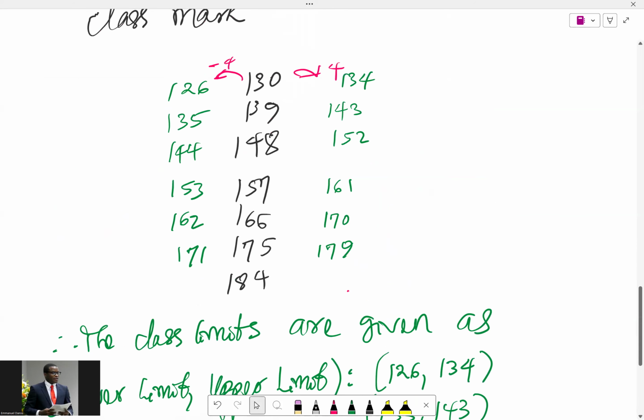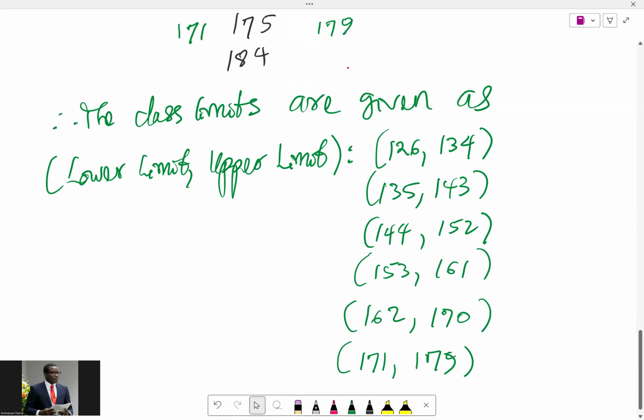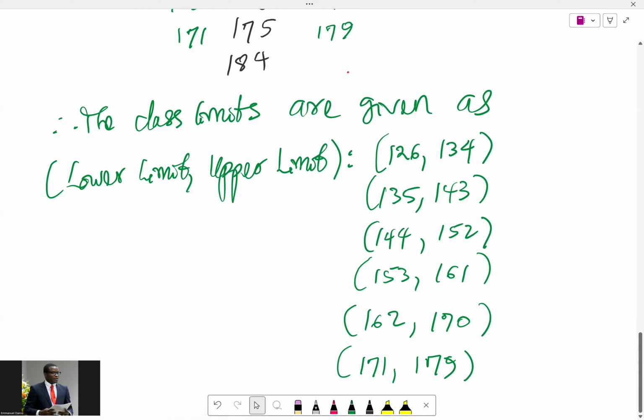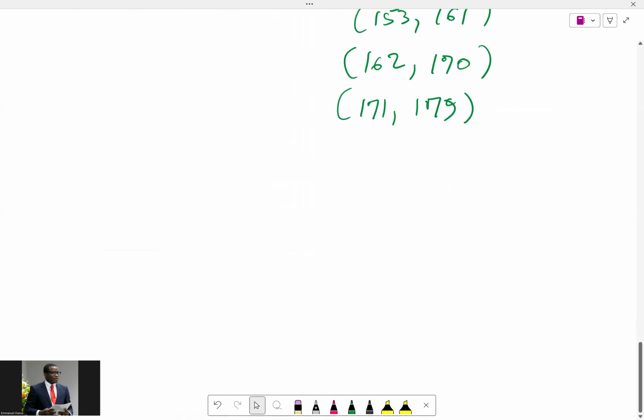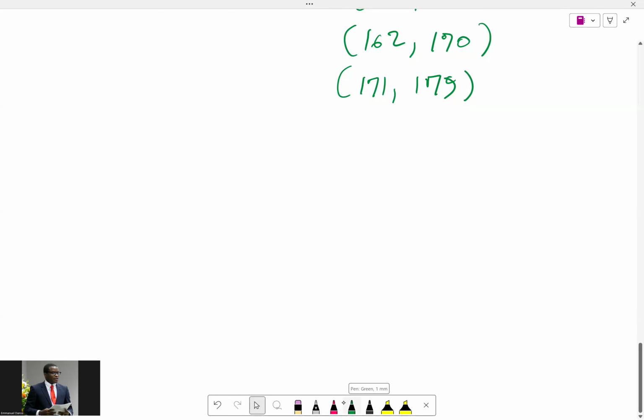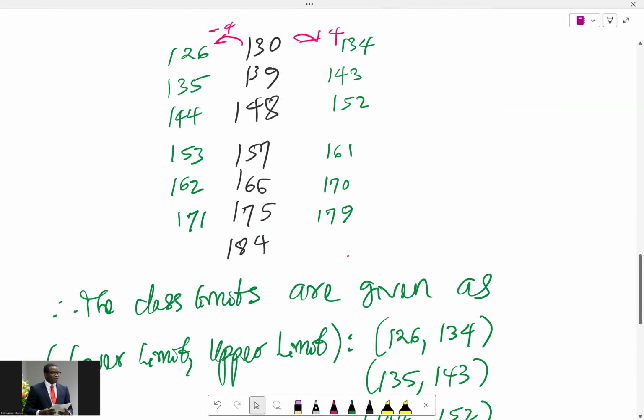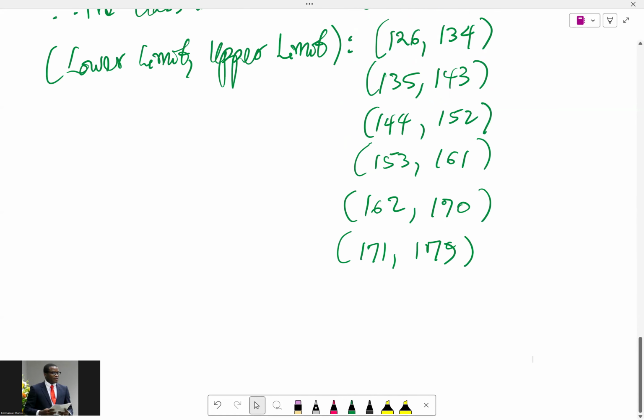Yeah, so those are the class limits. That's what I think it should be, but be careful to follow your own specific situation. The interpretation of the teacher teaching really matters. So be careful. Then I can go back to class boundaries now because class boundaries depend on class intervals.